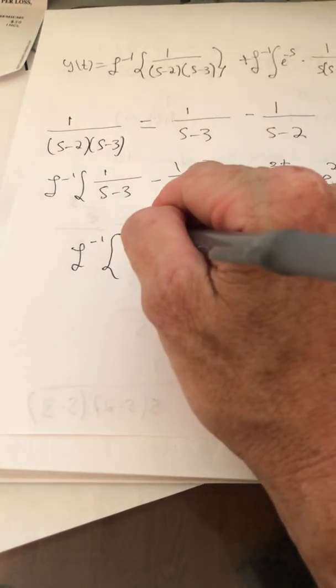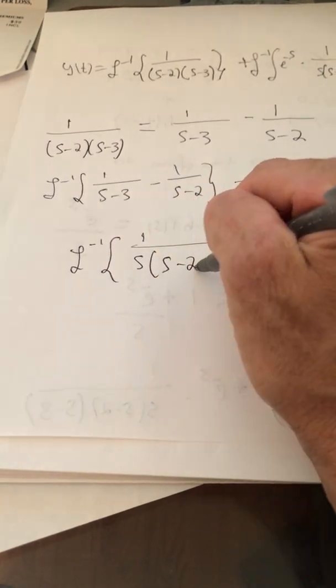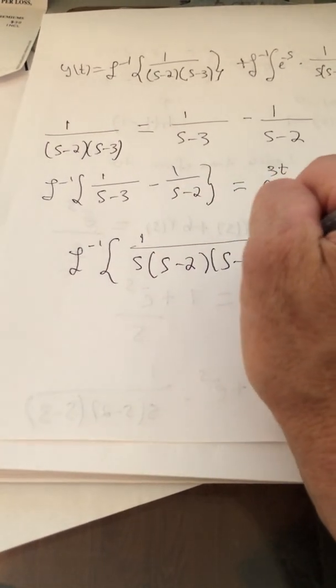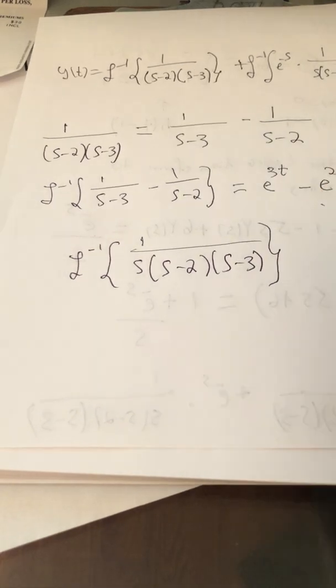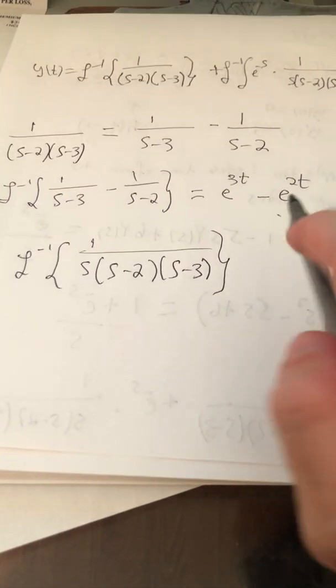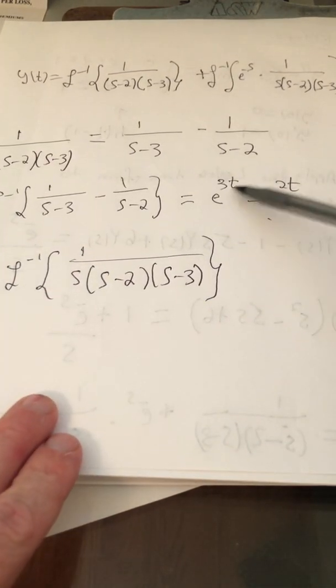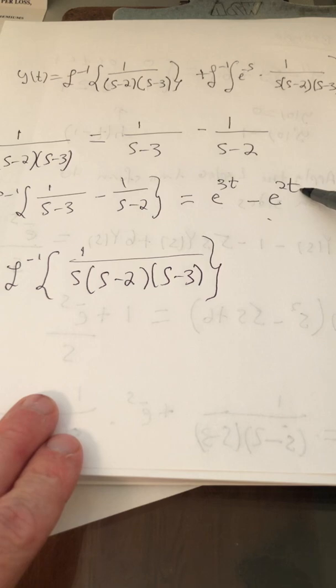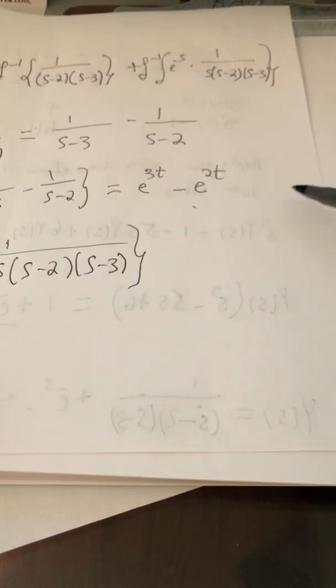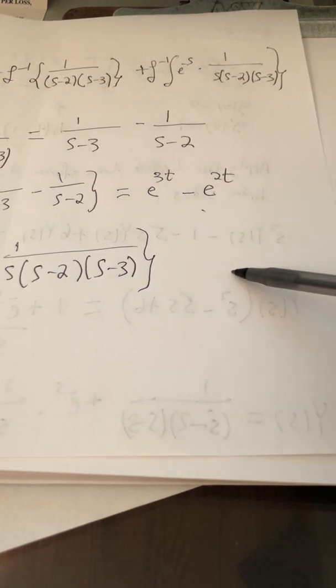Okay, so the inverse Laplace transform of 1 over s times s minus 2 times s minus 3, what happens is we start with our previous answer from the previous term. In place of t, put u. Then we integrate with respect to u from 0 to t.